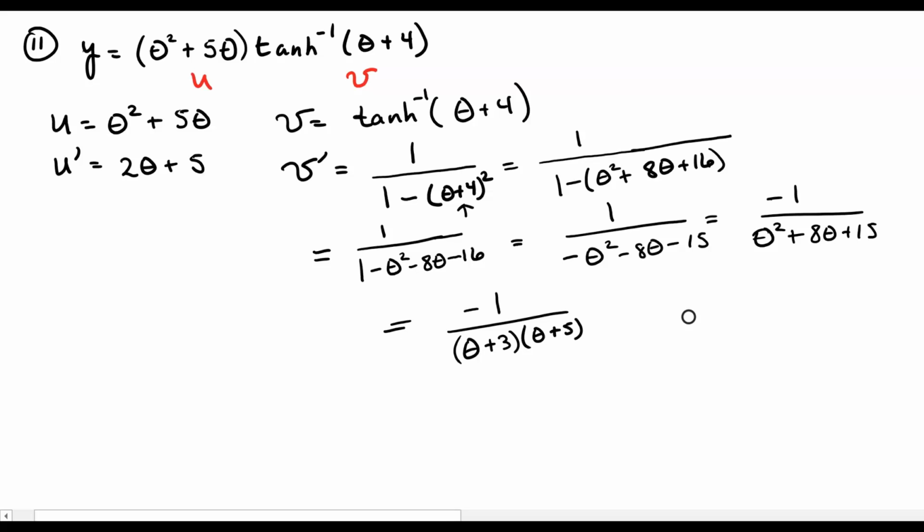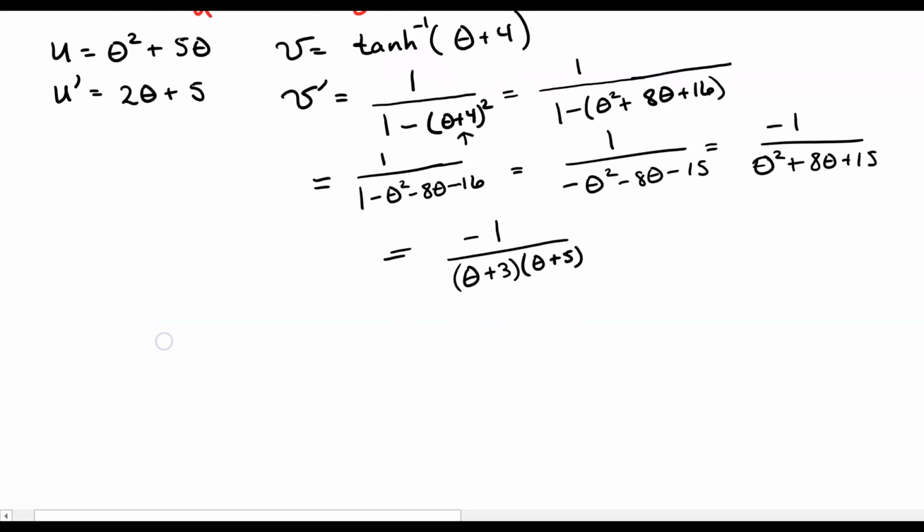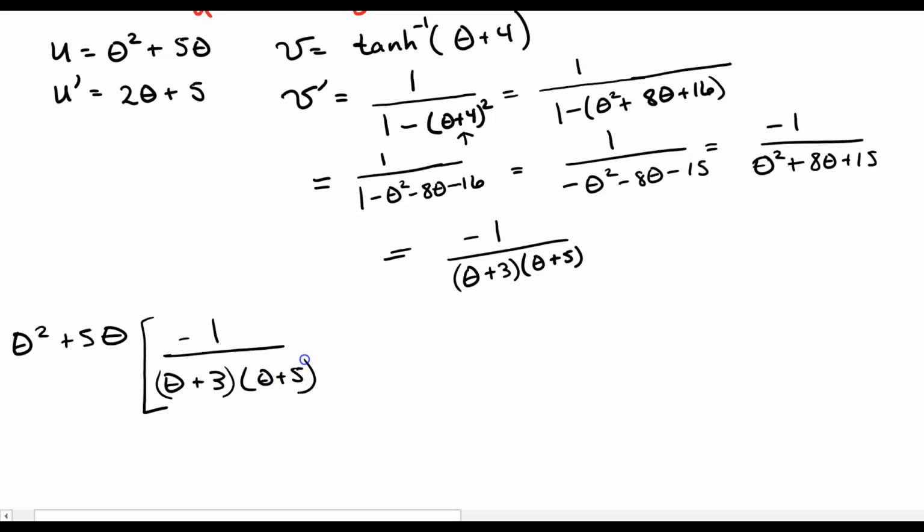All right, so let's see here. We have u v prime. So v prime we've definitely got. We know u is theta square plus 5 theta. And let me actually bring this down just a little bit. Theta square plus 5 theta multiplied by negative 1 over theta plus 3 times theta plus 5.